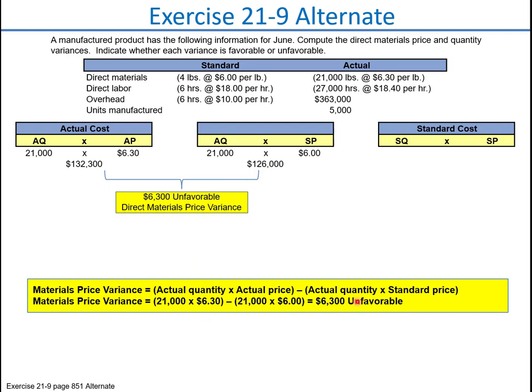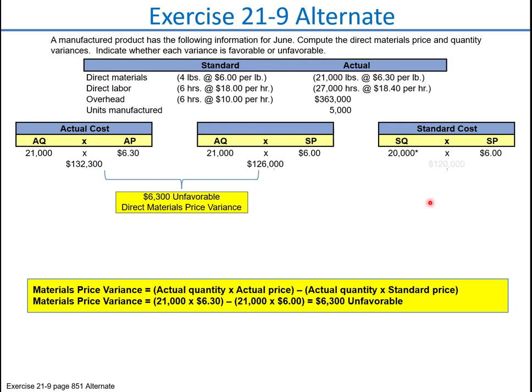And this is another way of computing that variance if you want to plug the numbers in here. For standard cost, again, they made 5,000 units. It should have taken them 4 pounds. The standard quantity allowed is 20,000 pounds to make 5,000 units.